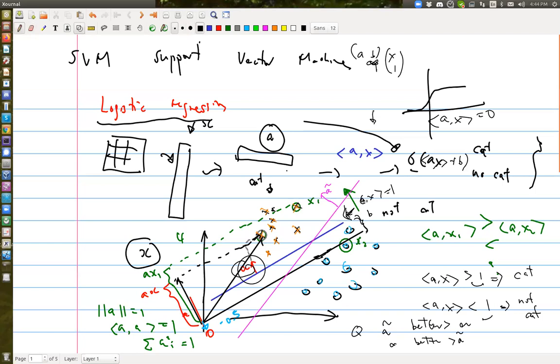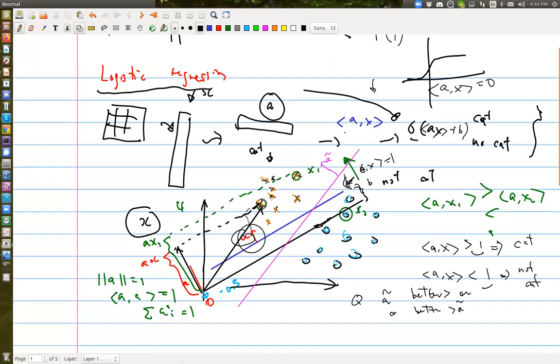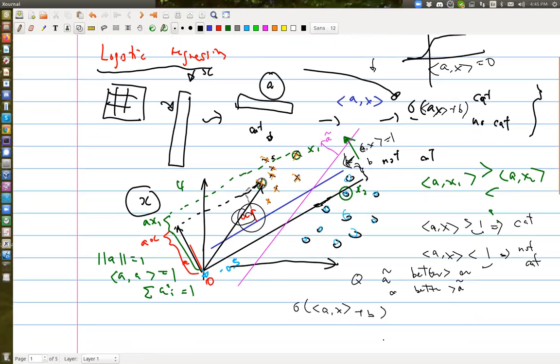I have a classifier here that can classify the cat and non-cat class with AX plus B, and then compute this sigma to determine whether it's a cat or not cat, right?